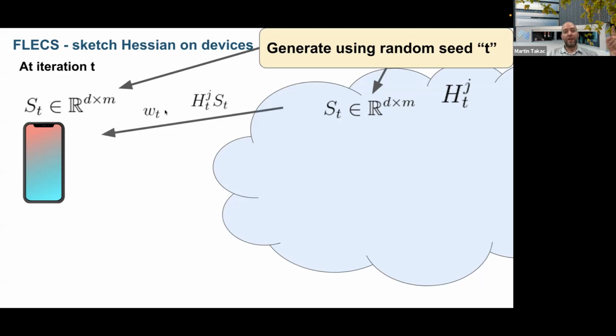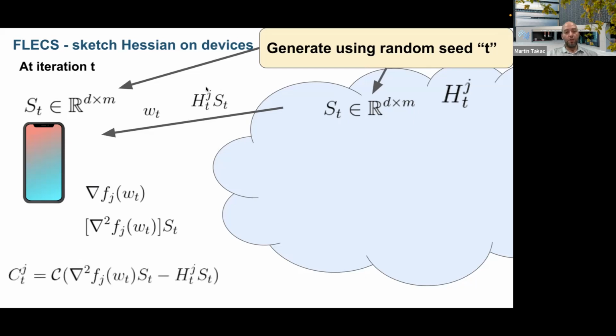The server sends me H times S over the network. The client computes the full gradient on its function and the Hessian vector or matrix product. Ideally, if my H is getting closer to the true Hessian of my device, this matrix will be the same as the one I receive from the server.